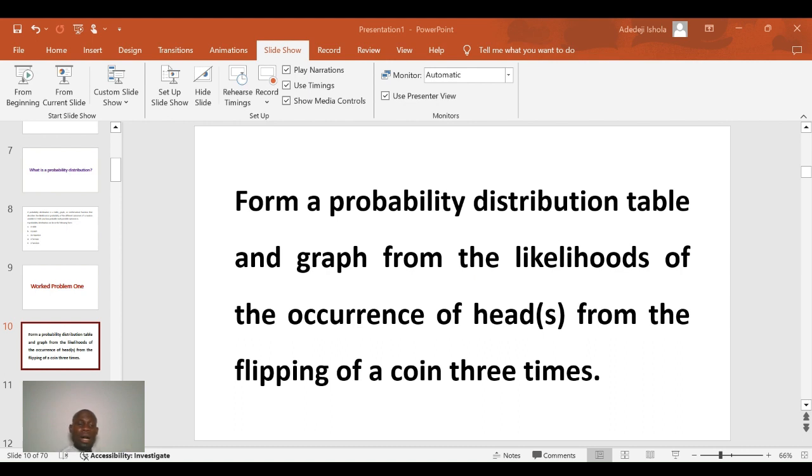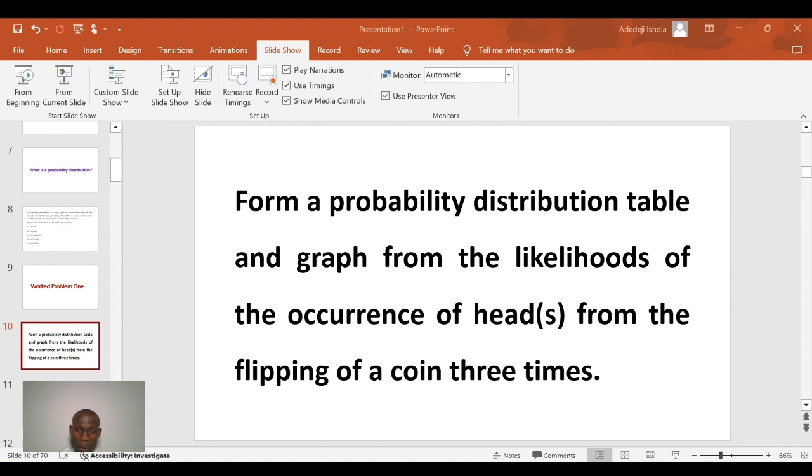Our random experiment here is the flipping of a coin three times, and our random variable X is the number of heads we are going to get from the experiment.